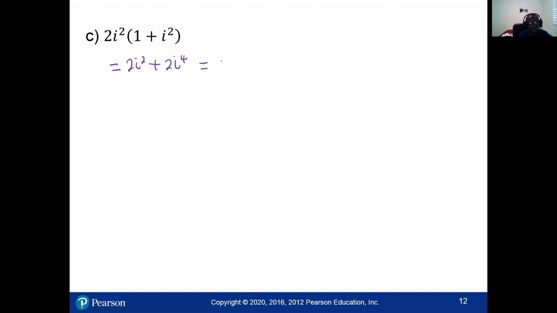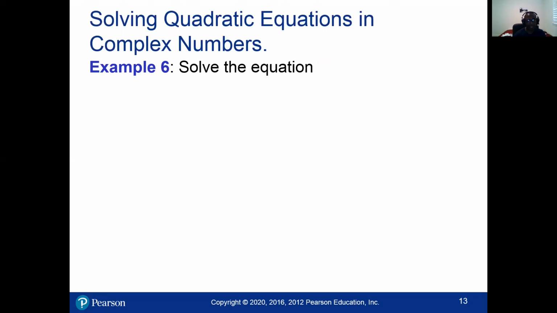Plus 2 times 1. But what is i squared? You get 2 times negative 1 and then 2 times 1. And that gives you 0.